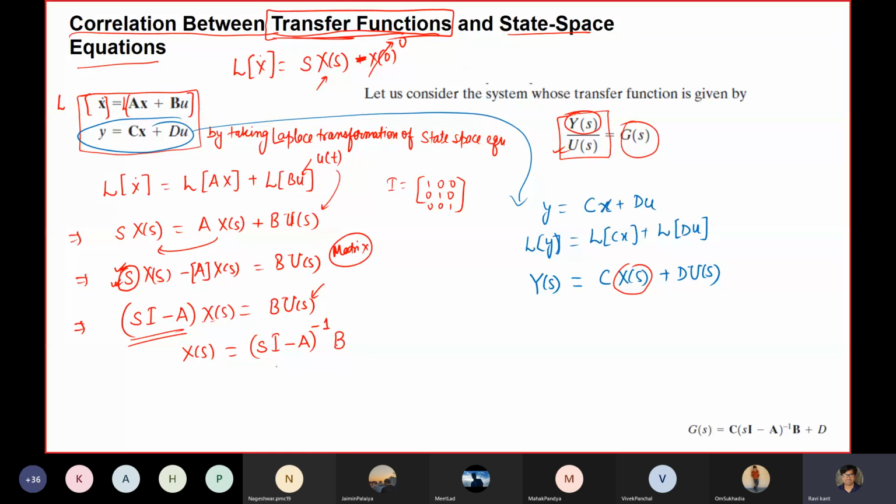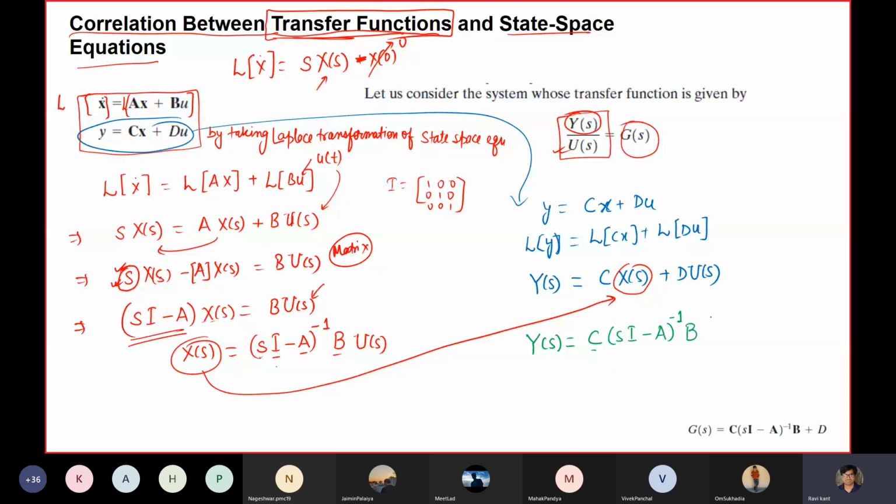Okay, now I can substitute this X(s) over here, and I can write Y(s) is equal to C, this is capital C, also a matrix, times (sI minus A) inverse times B. Okay, and U(s) and U(s) are common, so I can take that outside, times U(s).